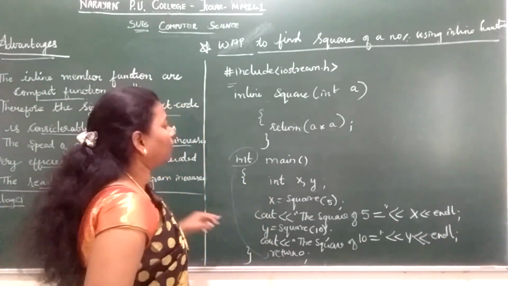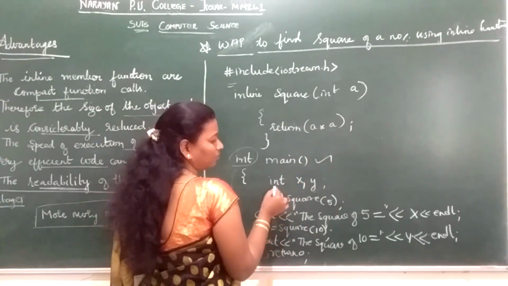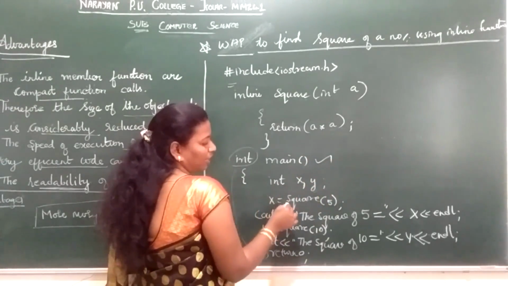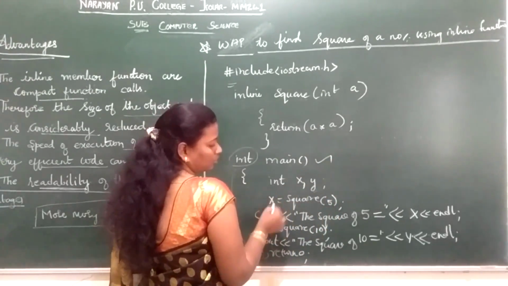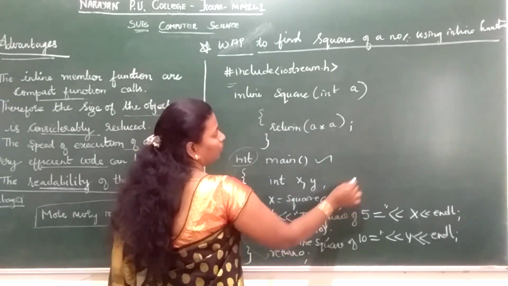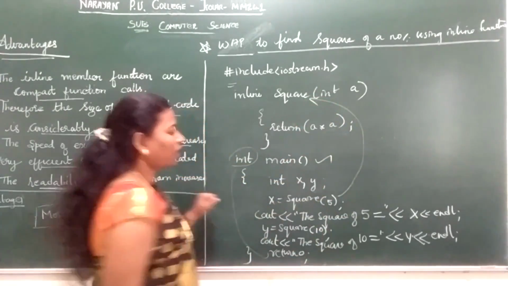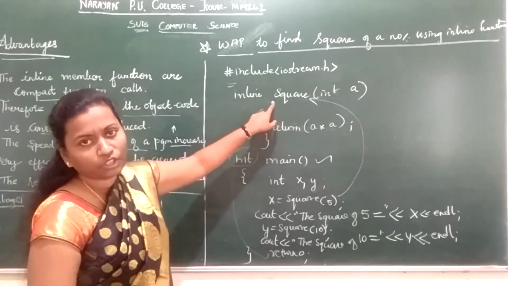Now the program execution begins from the main program. So x and y are integers. I am giving square of 5 to x. So what am I going to do? I am going to call the function square of 5. Square of 5 is an inline function. When there is a function call, the function call is replaced by the body of the function.